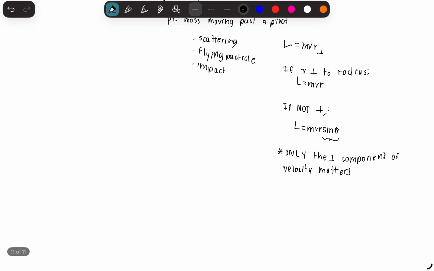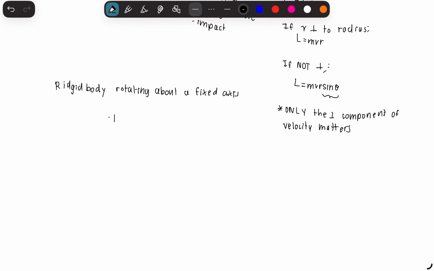Next, let's talk about a rigid body rotating about a fixed axis. This will usually be when you have a point mass where the inertia is mr squared. Your setup is going to be angular momentum is inertia times the angular velocity. Point mass is, again, I equals mr squared.